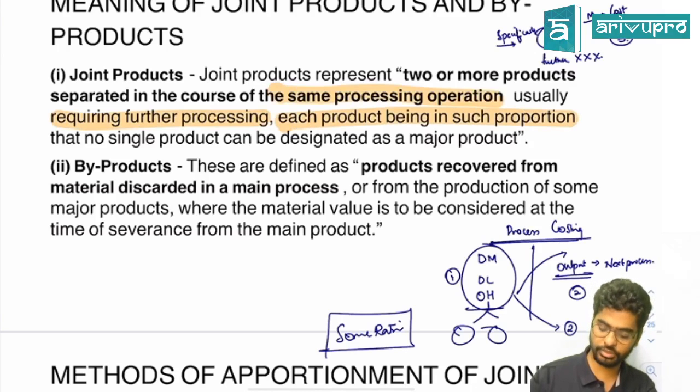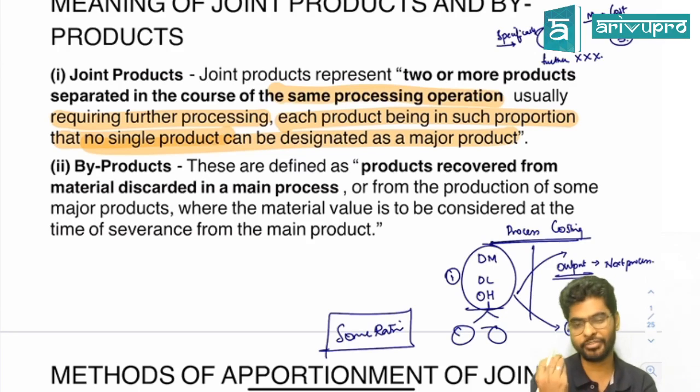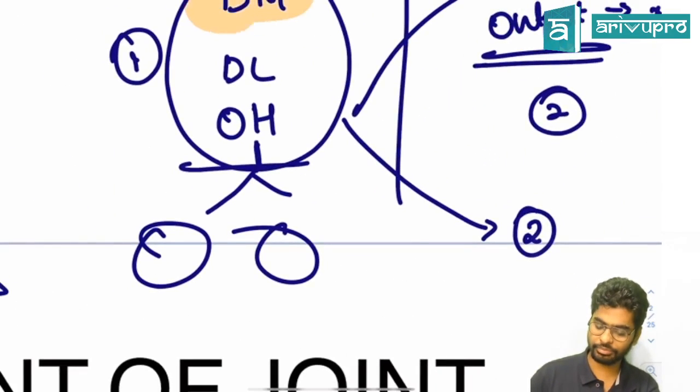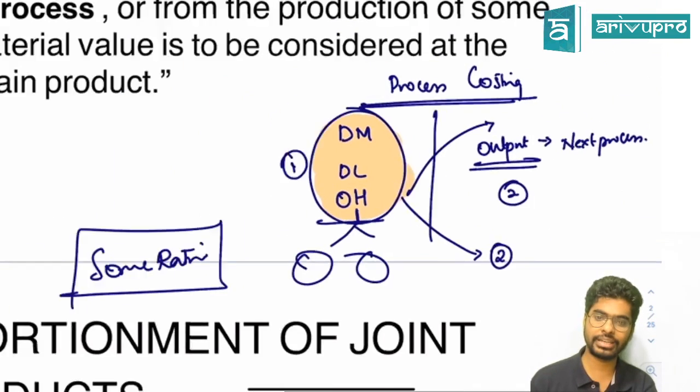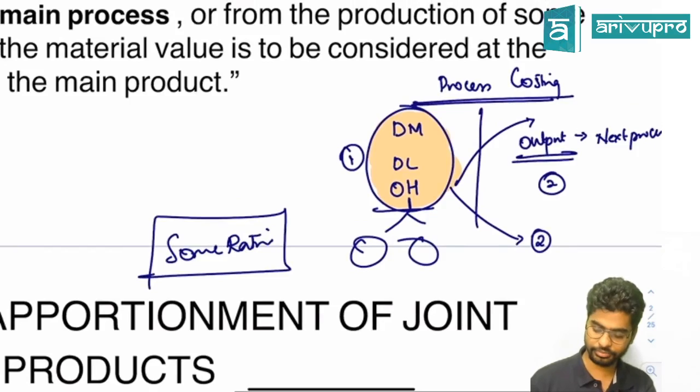In such a case, no single product can be designated as the major product. I told you in the case of petrol and diesel, both of them are equally major products, so I cannot differentiate, and they come from the same process operation. My first stage of raw materials, labor and overheads is incurred commonly for both of them. Clear?